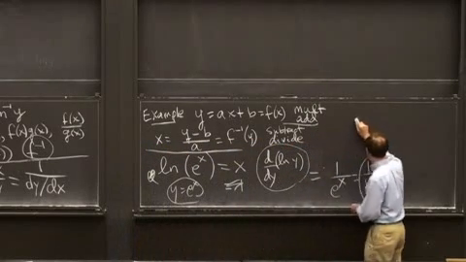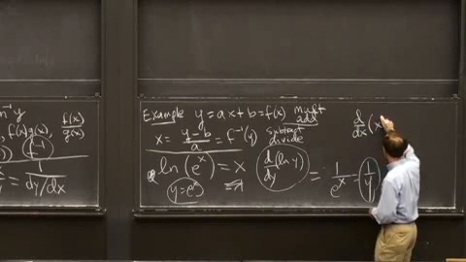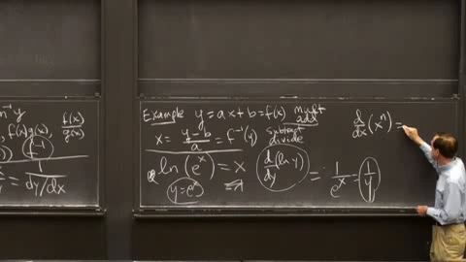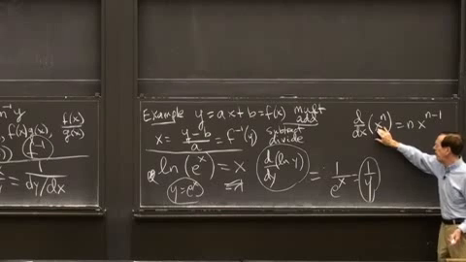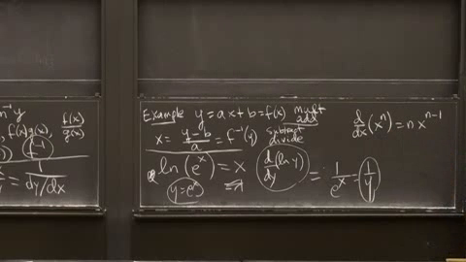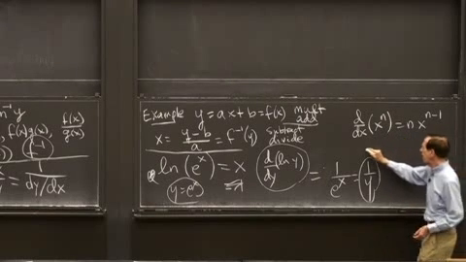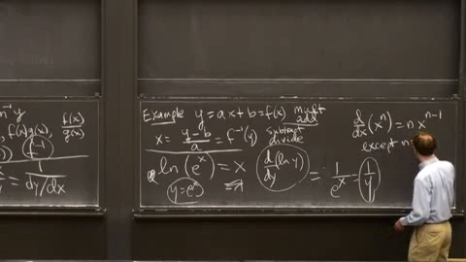You remember the very first derivatives we knew were the derivatives of x to the n, powers of x. Everybody knows that that's n times x to the n minus 1. The derivative of every power is one power below. With one exception. If n is 0, so I have to put except n equals 0.